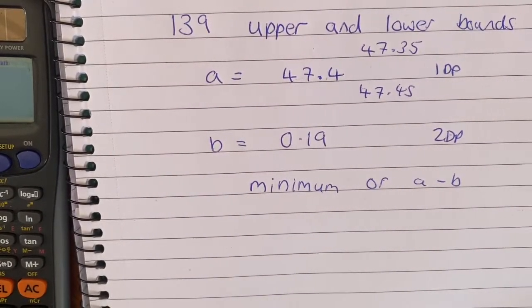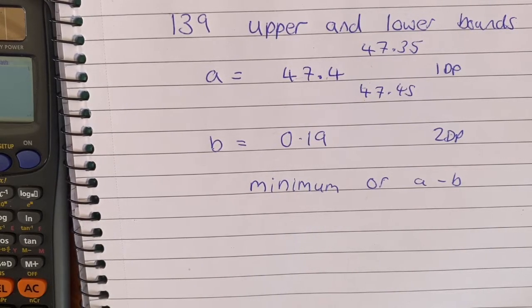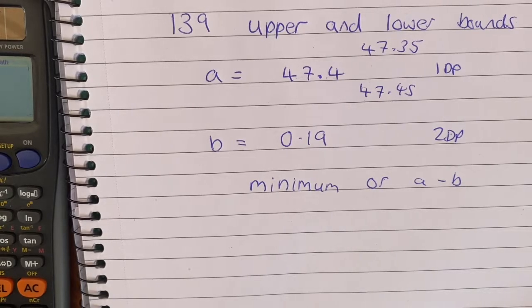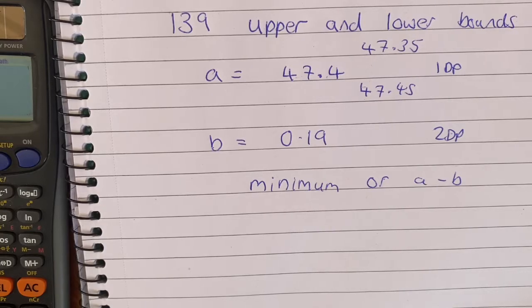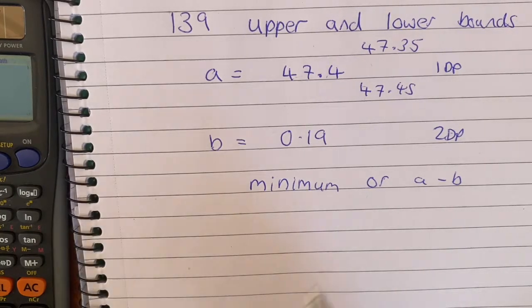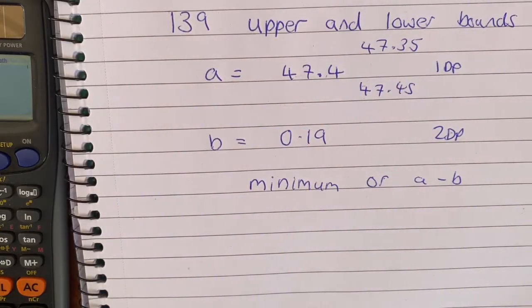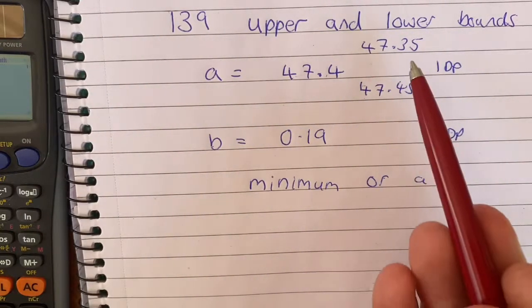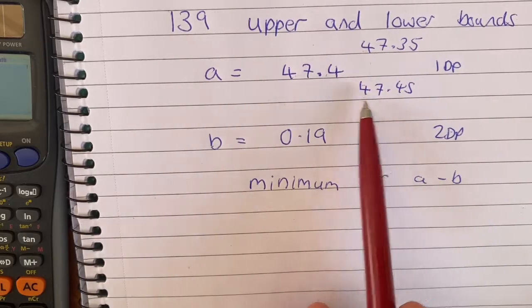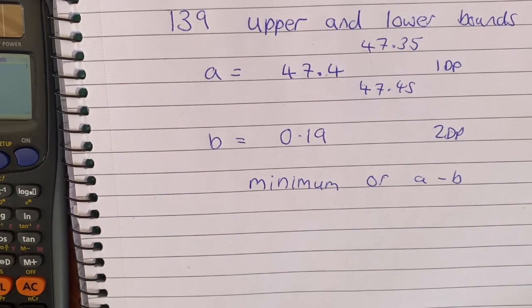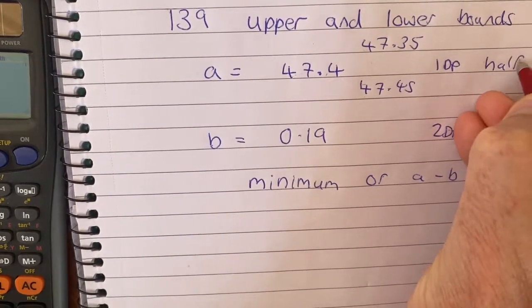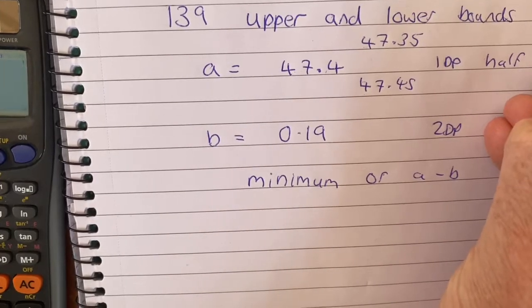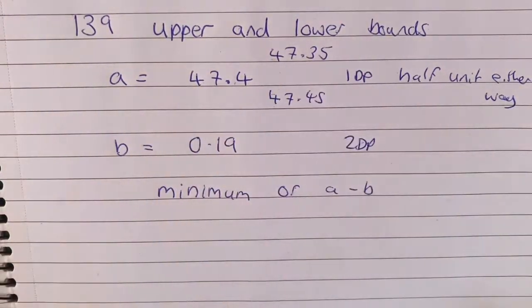We use this boundary because it's 47.49 recurring, and if you do the algebra for that, you'll know 47.49 recurring is the same as 47.45. So in bounds, we would use those as the upper and lower bounds. In other words, that's the smallest it could be, that's the biggest it could be, and it could be anywhere in between. A really nice, easy, quick way to do this is to half a unit either way. So that's that one done.